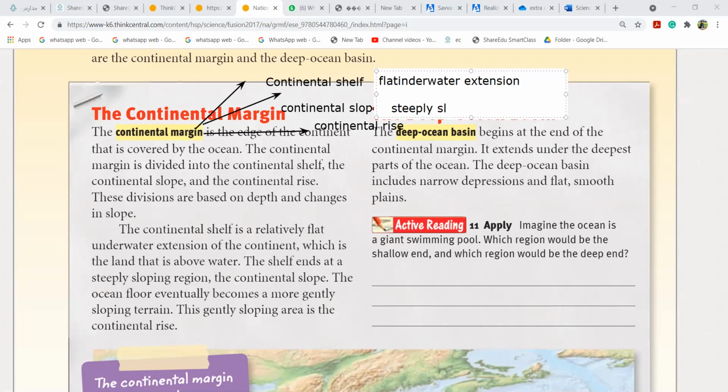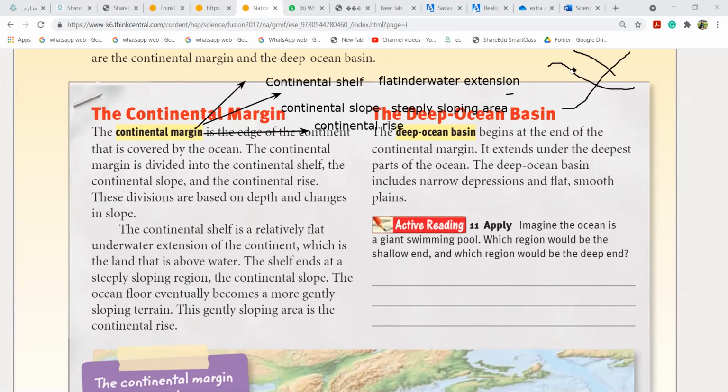What is the meaning of slope, girls? Anyone? It is a steeply sloping area. Slope means something like what you ride. If I say this is the slope, when it goes deep inside here, it is a slope. And of course, rise means you have to come up, like how you rise on a mountain.